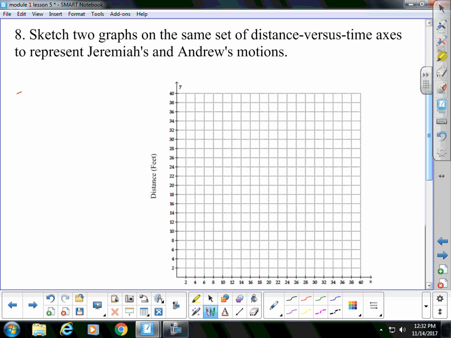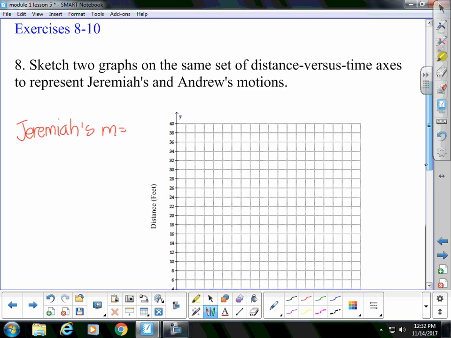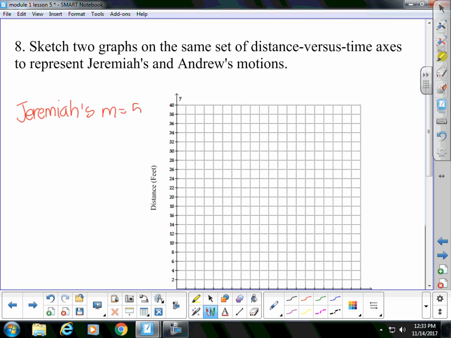So let's start off first of all with Jeremiah and his slope. They said that Jeremiah walked 5 feet per second. And then Andrew, his slope, he walked 4 feet per second.